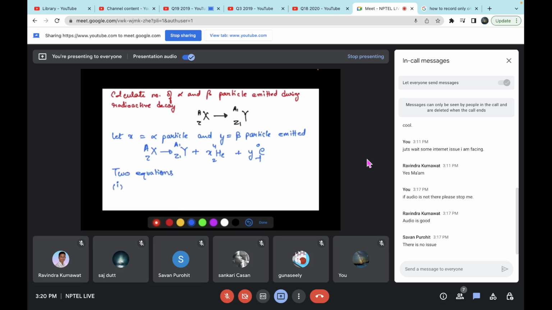Number 1: we have to balance the atomic number Z. Left-hand side is equal to right-hand side, so Z is equal to Z1 plus X times 2 and Y times -1. This gives Z is equal to Z1 plus twice X plus -1 multiplied by Y. So this is my equation 1.